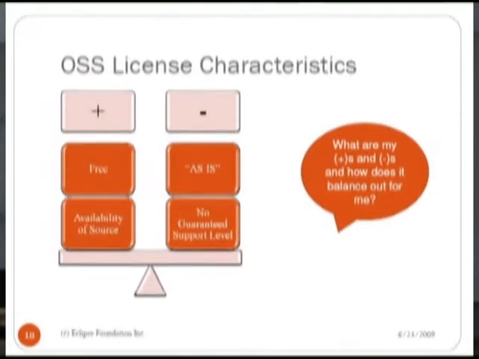Now, in the case of both of these things, if that is a concern to you, there are many, many member companies at Eclipse who build their products based on Eclipse software. And they build their business based on a model where they may provide the warranties and representations, and they may provide the support. So if that's a concern for you with respect to the software that you're interested in using, you can always mitigate that concern by sourcing the software that you need through a company that builds their business on providing those services.